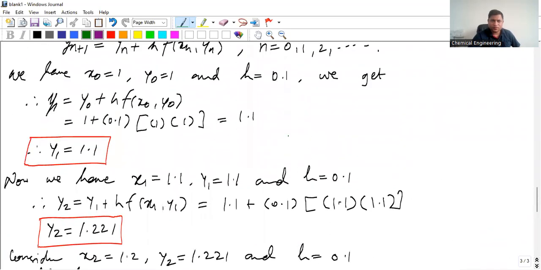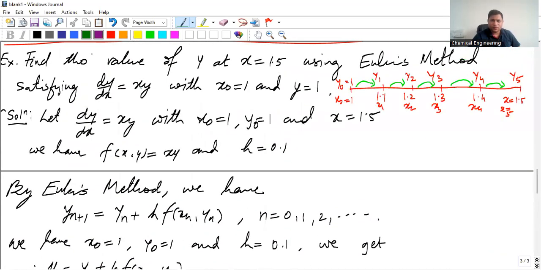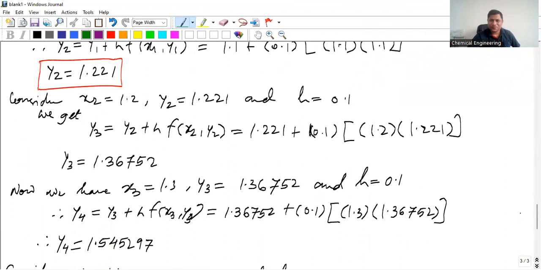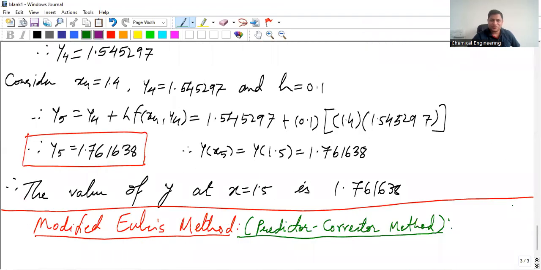This differential equation you can solve by using the variable separable method. Okay, so the value that you have got will be nearby this. These are the approximations. Got it? Yes, I got that. I thought it would be more accurate.